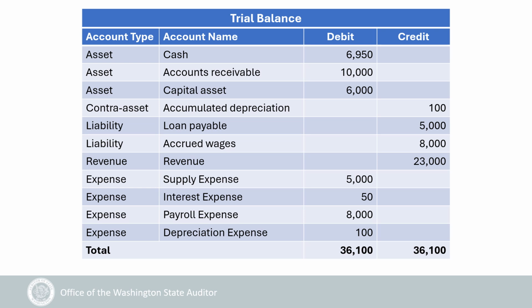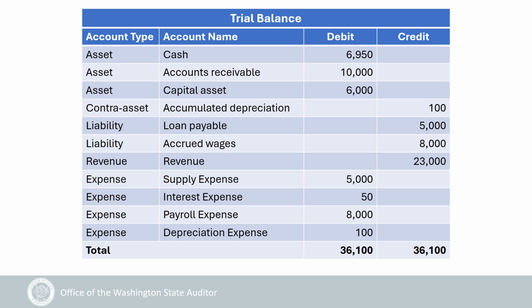You can see here that all of our asset accounts have a debit balance, which is their normal balance, so that is good. We also have our contra asset account for accumulated depreciation. And remember, contra asset is like a negative asset, so we expect that one to have a credit balance.